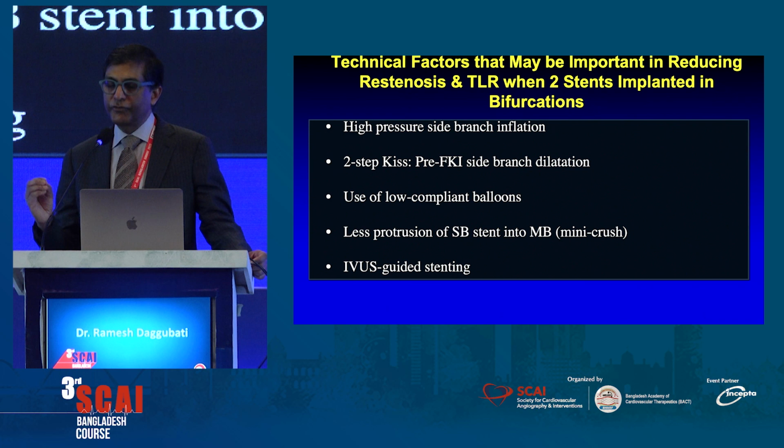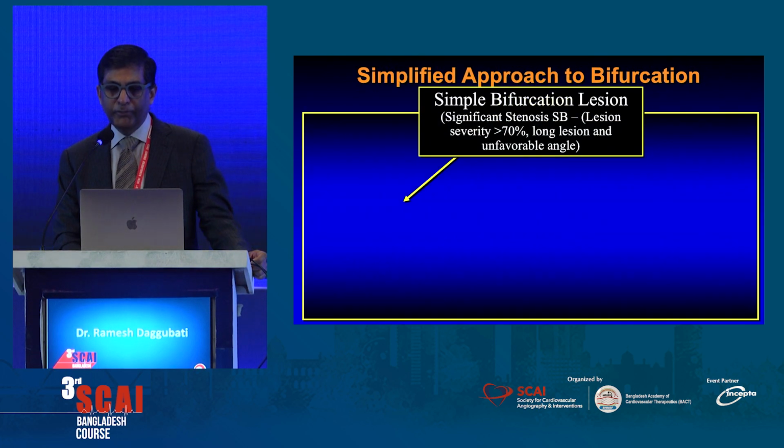And less protrusion of the side branch stent into the main branch. So do not bring it back too much and crush it against the main vessel. Maybe 2 millimeters of the side branch stent protruding into the main branch is enough. And obviously using imaging is very important.